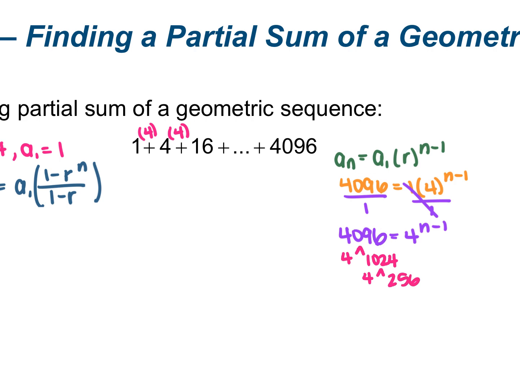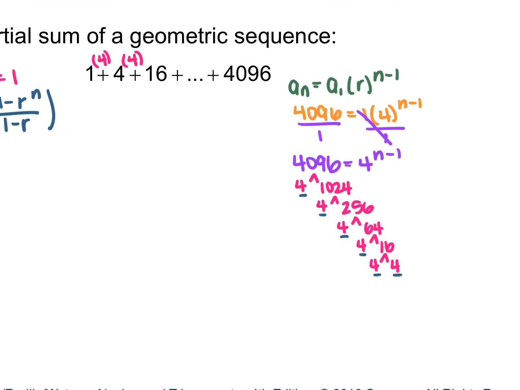The 256 divided by 4 is 64. 64 divided by 4 is 16. And 16 divided by 4 is 4. So we have a total of 1, 2, 3, 4, 5, 6 4s. So that's the same thing as saying 4 to the 6th power is equal to 4 to the power of n minus 1.